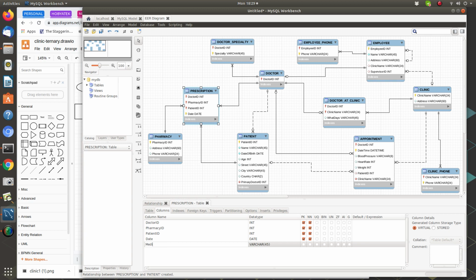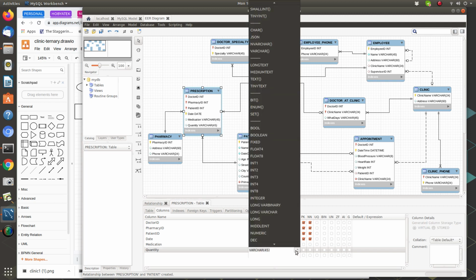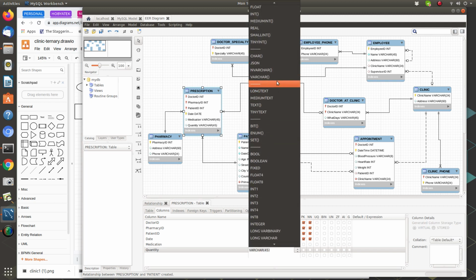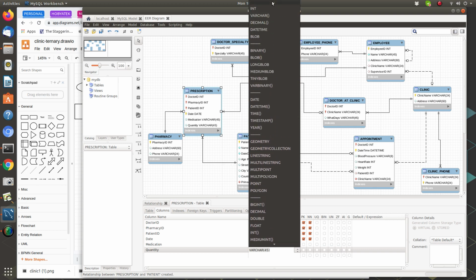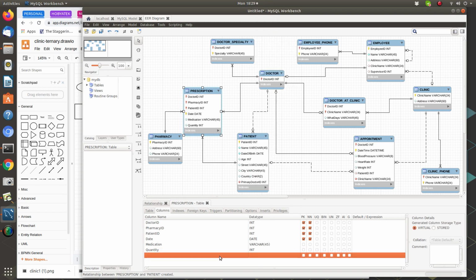Medication and quantity. Let's make that an int. Although in reality there would be more fields, like is it a pill or liquid, and so on and so on.